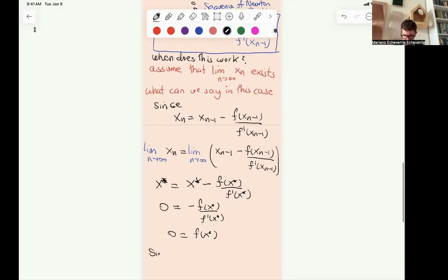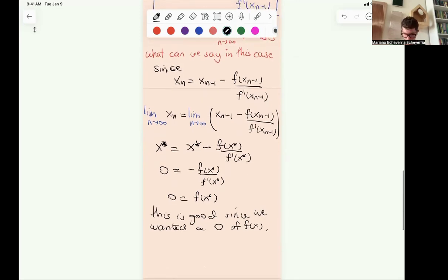But that is all under the assumption that we know that the limit exists. What's a bit more interesting is what guarantees that the limit exists, right?